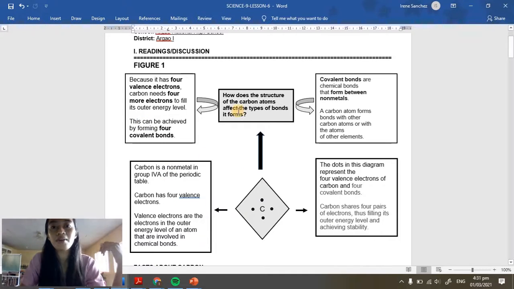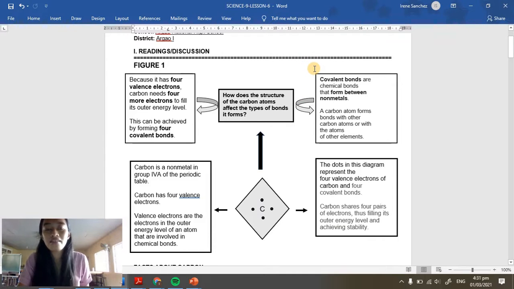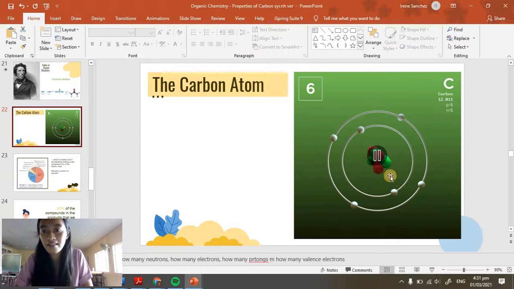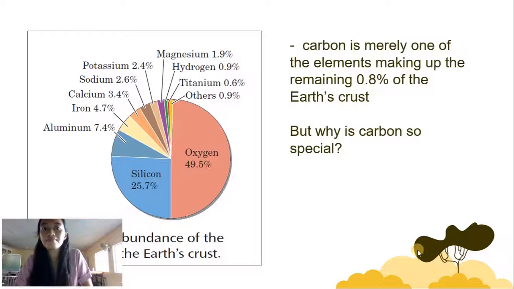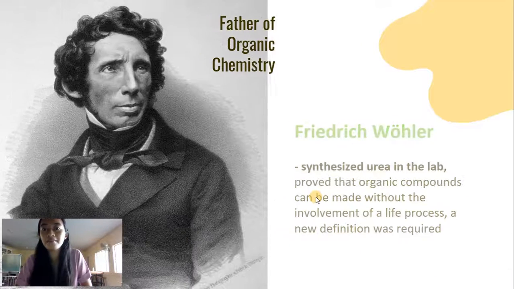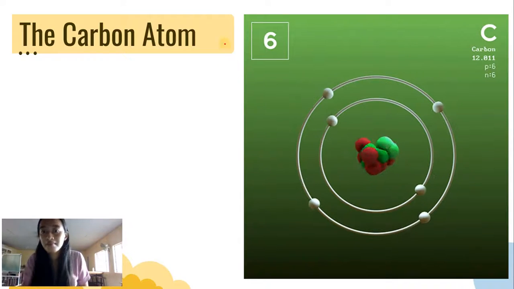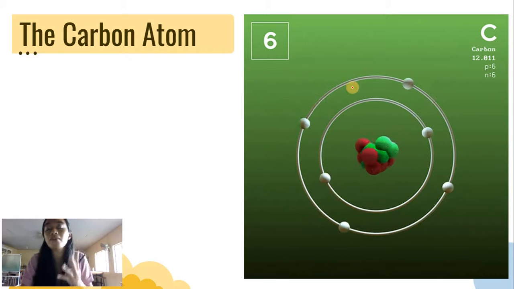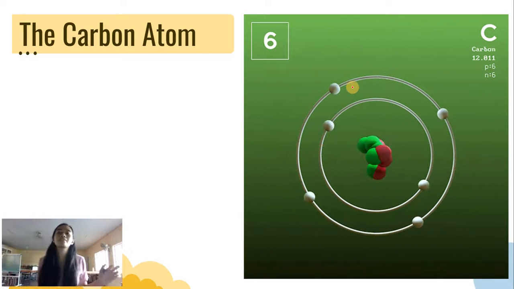So if you remember, valence electrons are electrons at the outermost shell. To be stable, the outermost shell of this carbon, if you can go back here, we have 4 electrons. 1, 2, 3, 4. 4 electrons at the outermost.